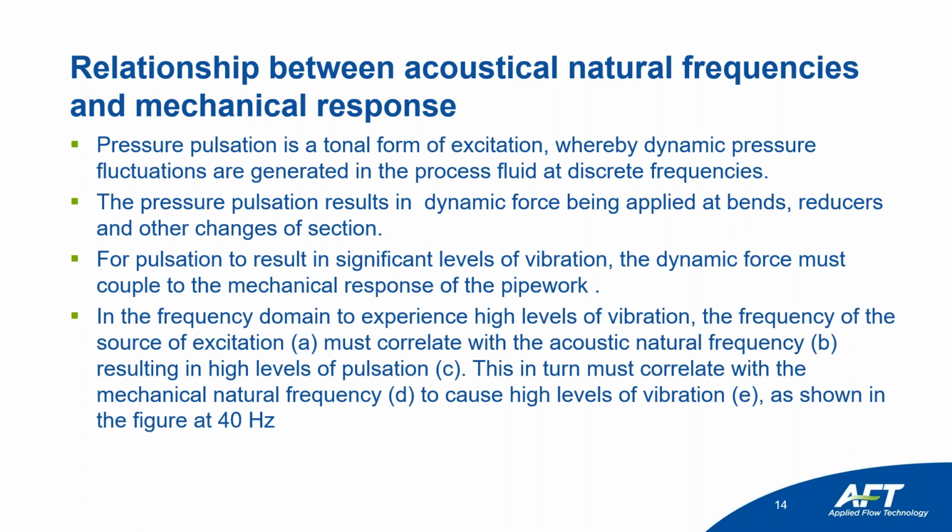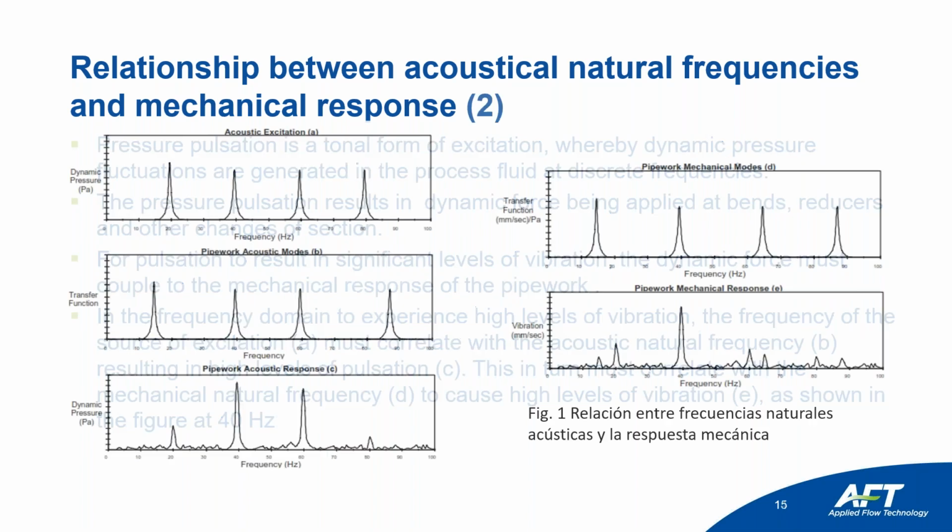So we're going to see a graph. In the frequency domain, to experience high levels of vibration, the frequency of the source of excitation must correlate with the acoustical natural frequency, resulting in high levels of pulsation. This in turn must correlate with the mechanical natural frequency to cause high levels of vibration, as shown in the figure at 40 hertz. So what do we have here?